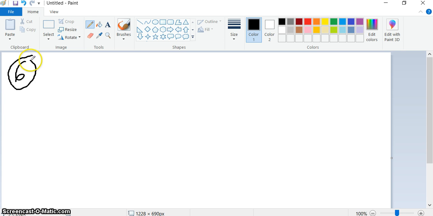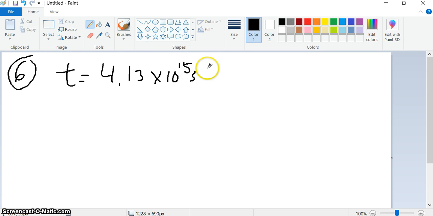So we found that the time it takes these two galaxies, which each have a radius of 100 kiloparsecs and are moving at 1,500 kilometers per second, is 4.13 times 10 to the 15th seconds.